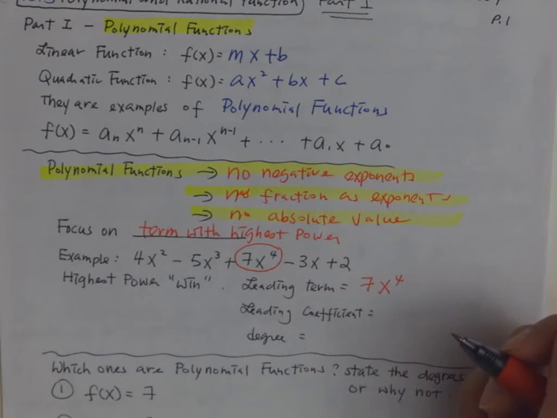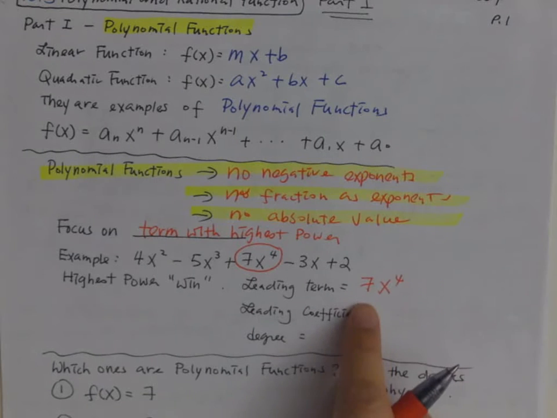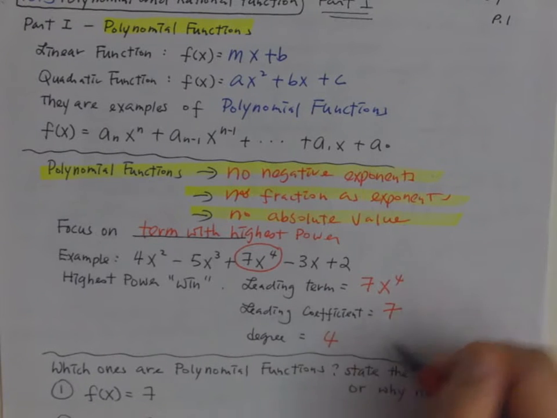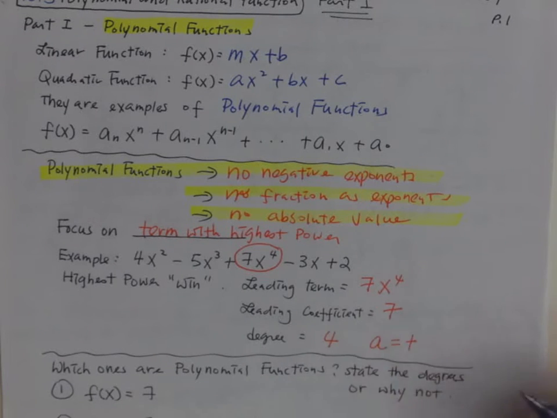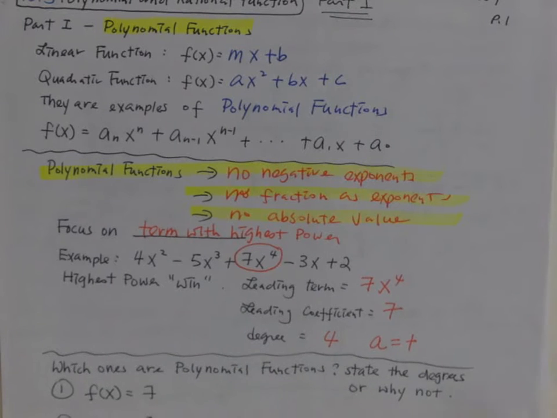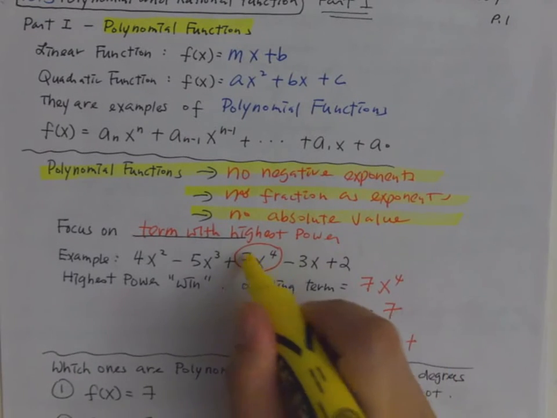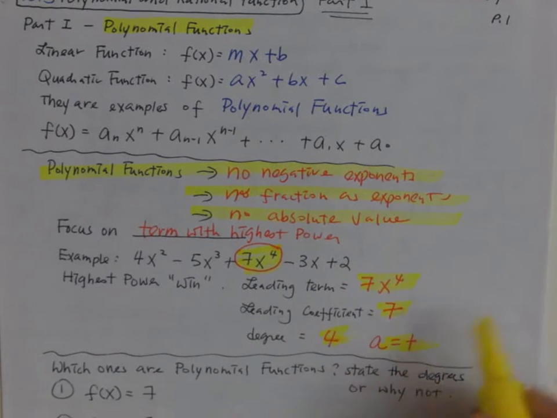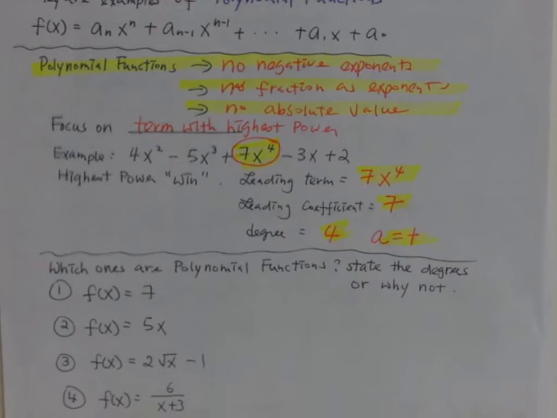The leading coefficient is the number attached to it, positive 7. The degree is 4, and since the leading coefficient has a positive sign, it's a positive a here. Those are very significant when you need to decide how the graph is going to look. We will try some examples in a little bit.